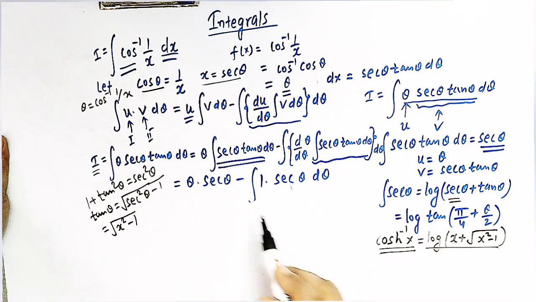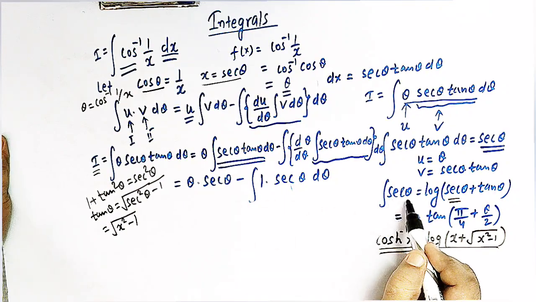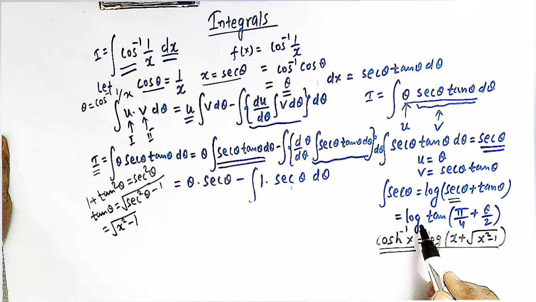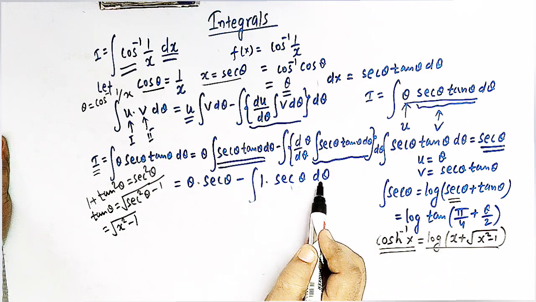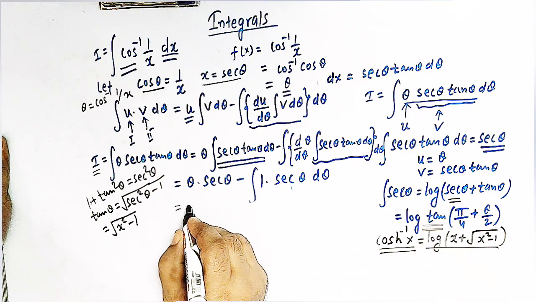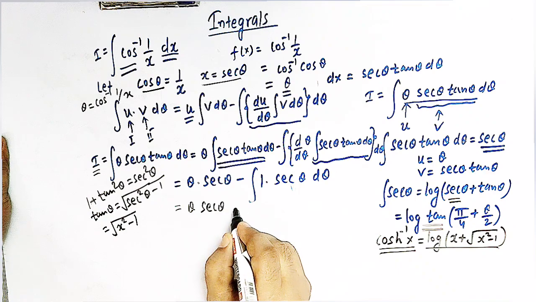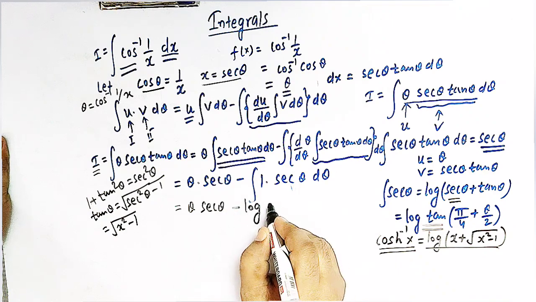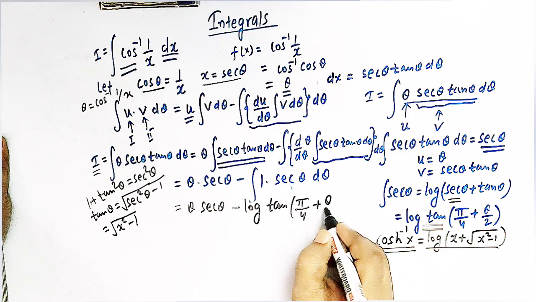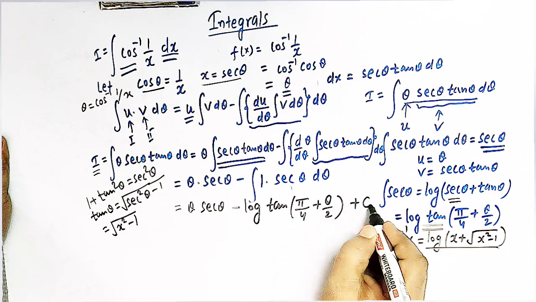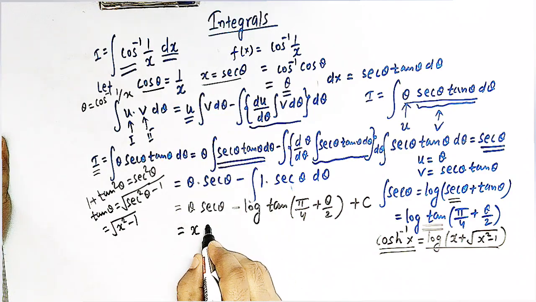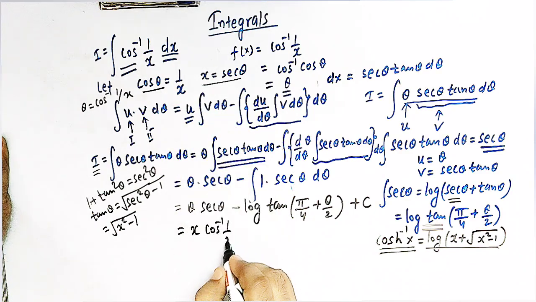So viewers, if instead of taking the integral of secant theta as log secant theta plus tan theta, we would have taken the integral of secant theta d theta as this term, then we would have theta secant theta minus a log of tan of pi by 4 plus theta over 2 plus c. And then secant theta is x and theta is cos inverse of 1 over x.